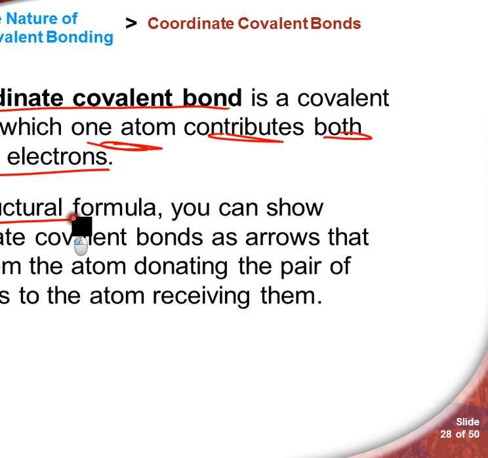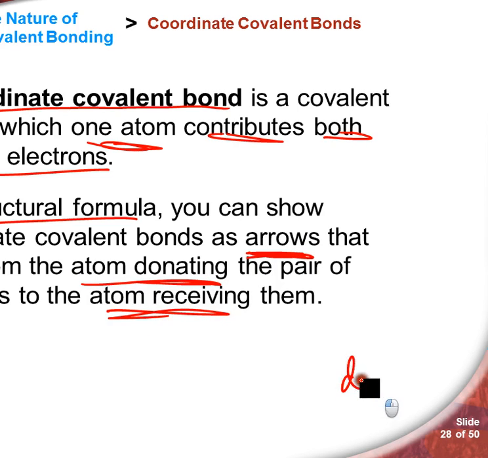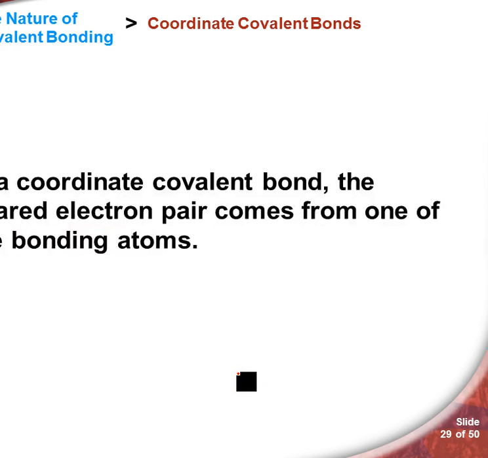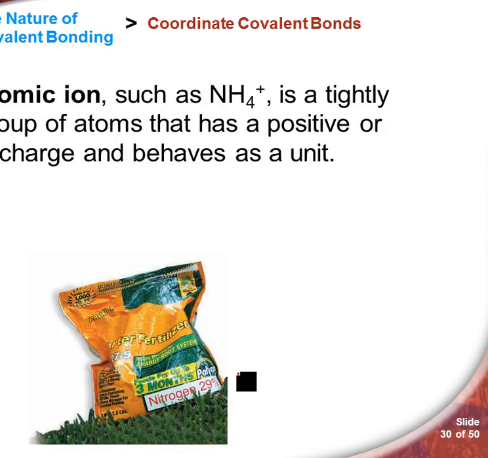In the structural formula, we can show coordinate covalent bonds as arrows that point from the atom donating to the atom receiving. So once again, in a coordinate covalent bond, the shared electron pair comes from one of the bonding atoms, not half from each.